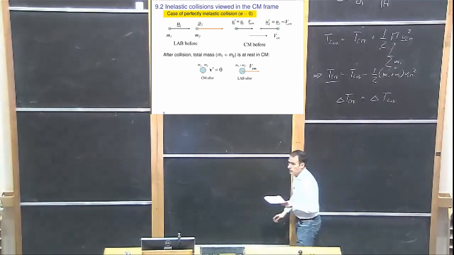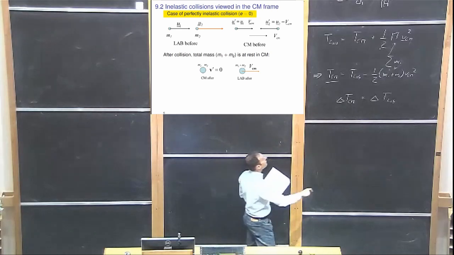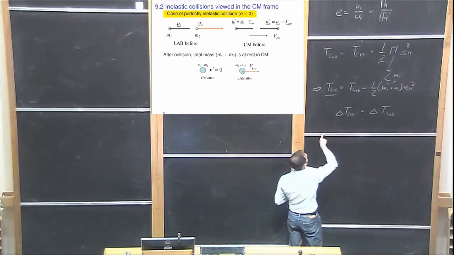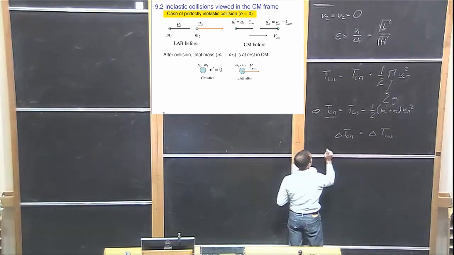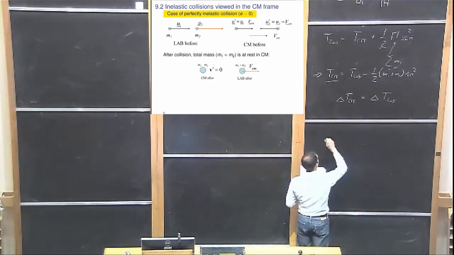Now, the maximum kinetic energy which I can lose is TCM, because afterwards there's no kinetic energy in the center of mass frame.